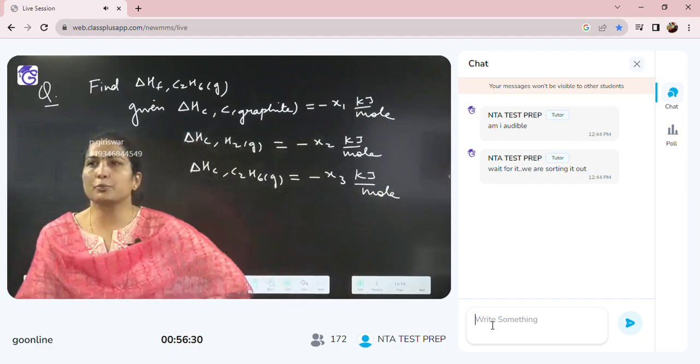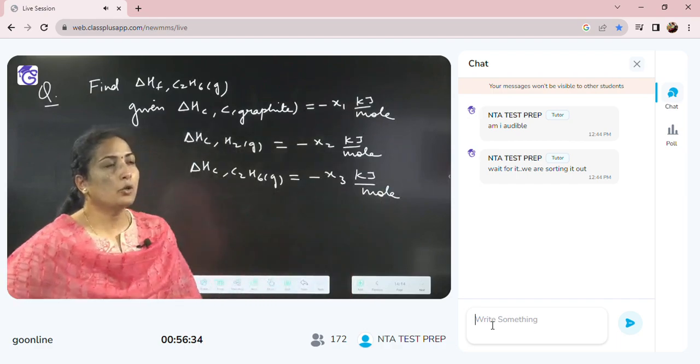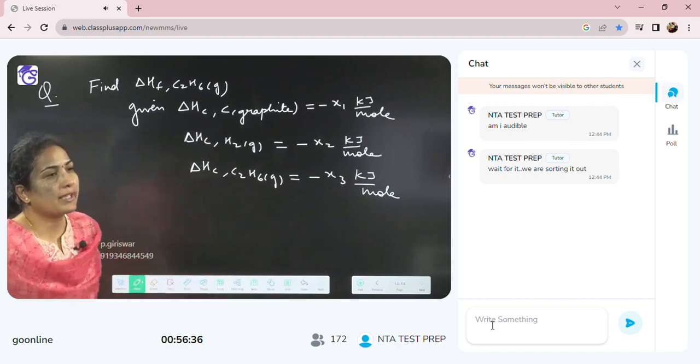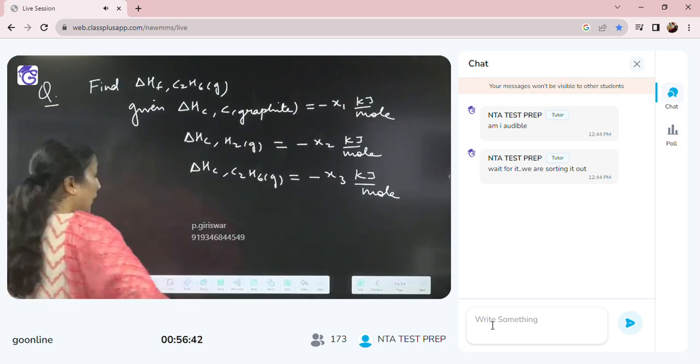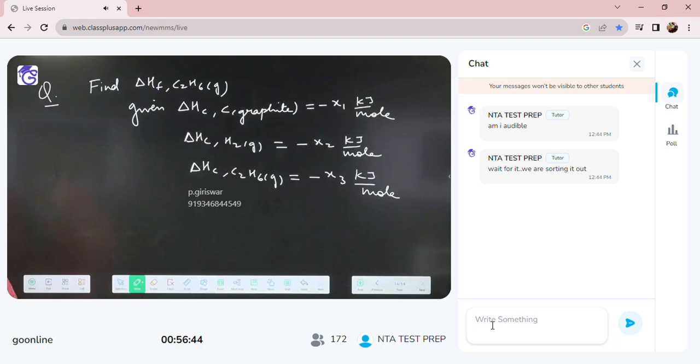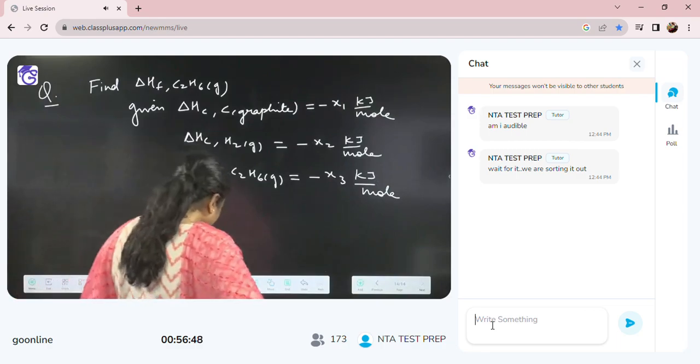Now my question to you is, would you go for reactant minus product here or product minus reactant here? Tell me. You have to find the enthalpy of formation for C2H6, whether you are going to write reactant minus product or product minus reactant here.